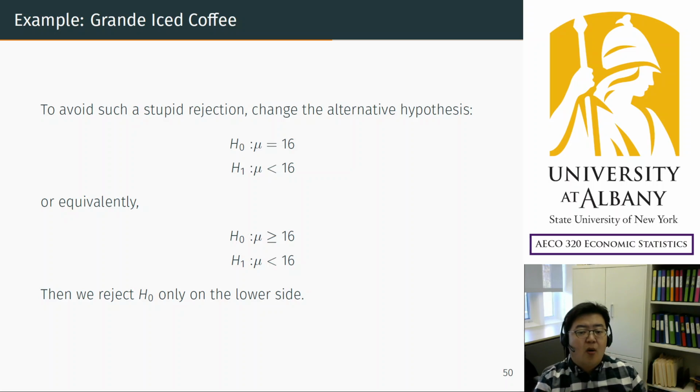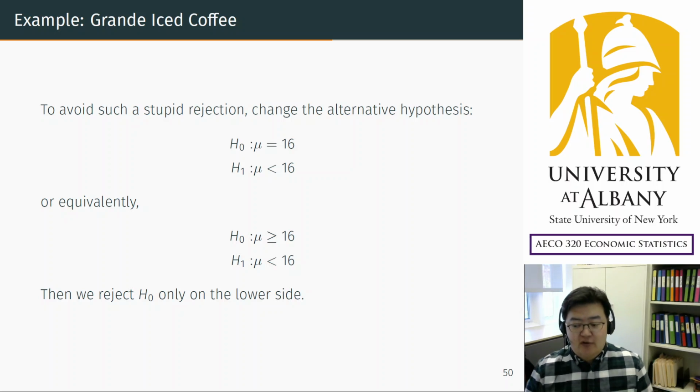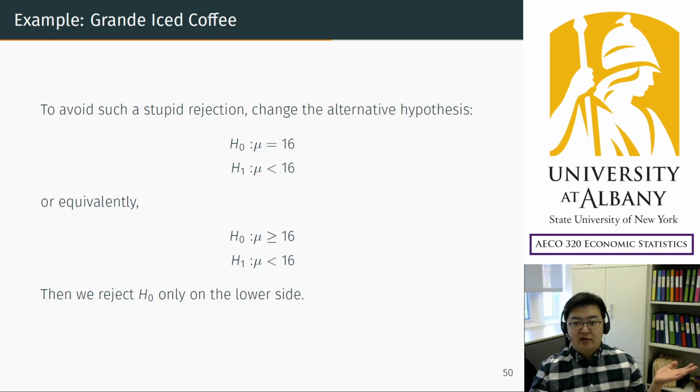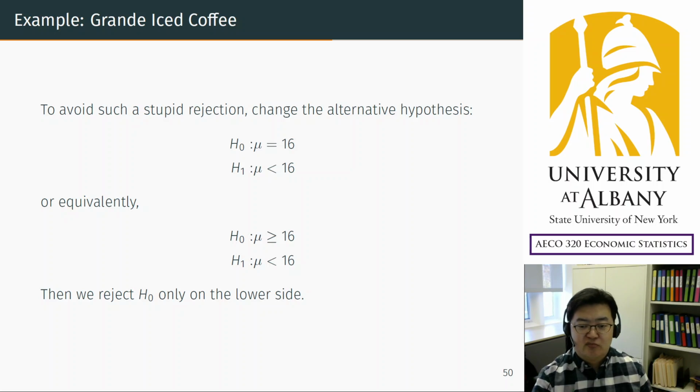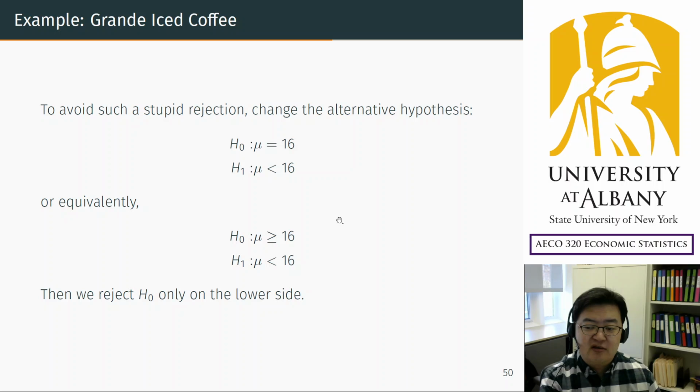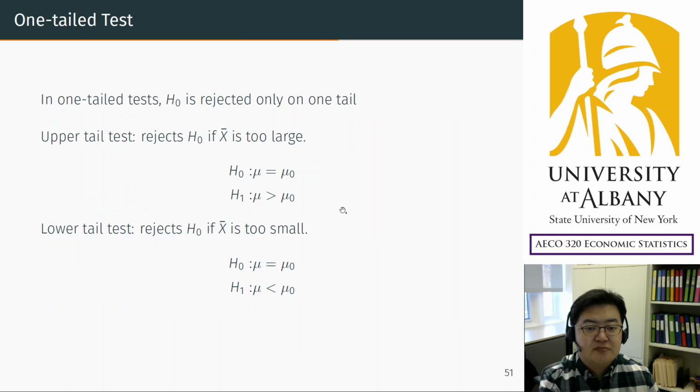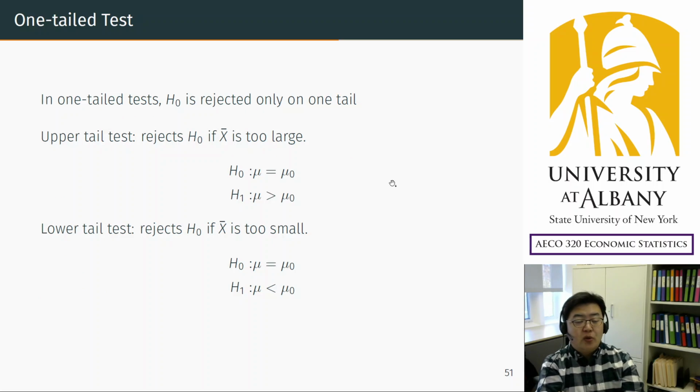So it's one-sided, and of course we reject the null hypothesis only on the lower side, only when the observation is significantly lower than 16 ounces, right? You understand? If the observation is greater than 16 ounces, who cares, right? I don't mind having more coffee for the same bucks. Okay, so we call this a one-tail test, right?